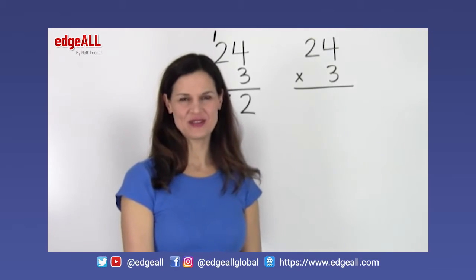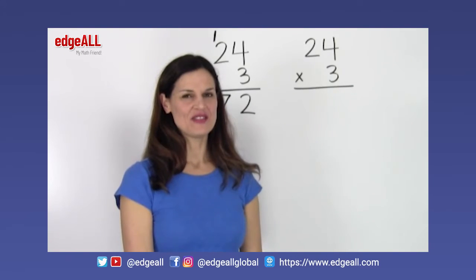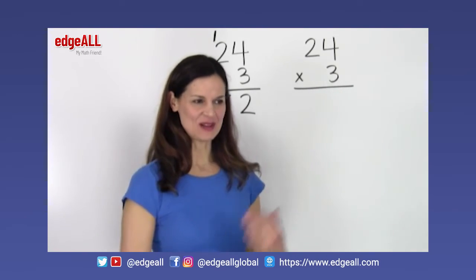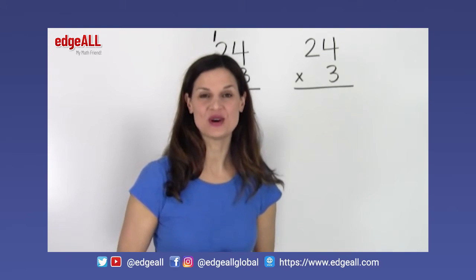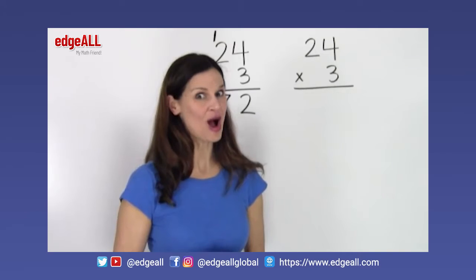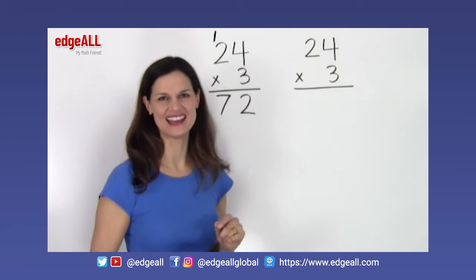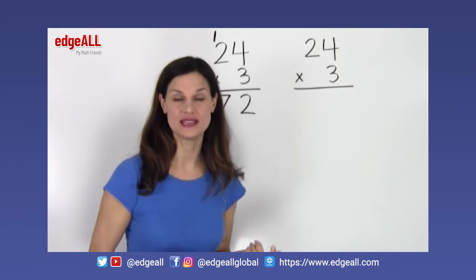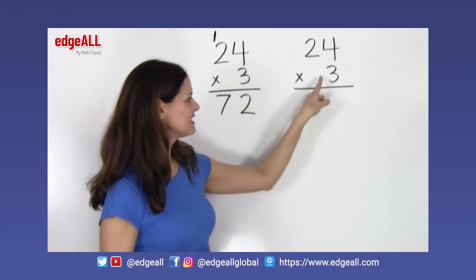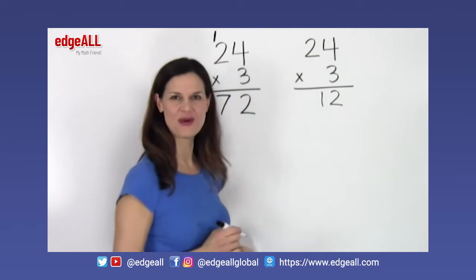Let's take a look for a minute at a mistake that's commonly made. If you are working on a multiplication problem and you don't regroup, you can come up with some pretty wrong answers. So let's look at this 24 times 3 again and see what would happen if we didn't regroup. If I looked at this and just said, oh, 3 times 4 equals 12, and I wrote my answer down here, 12.